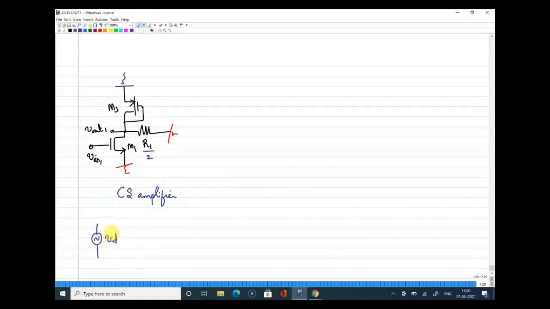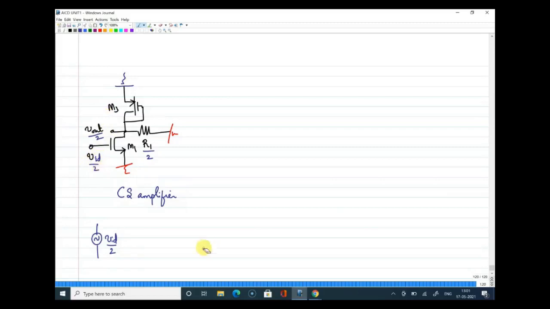So on the V in side, that will be just VID by 2, and on the other side it is minus VID by 2. In total, you can say that the differential voltage is VID, right? Similarly, V out 1 is only half of the output. So what I am getting here is actually V out by 2, not V out 1, and this I will write as VID by 2.